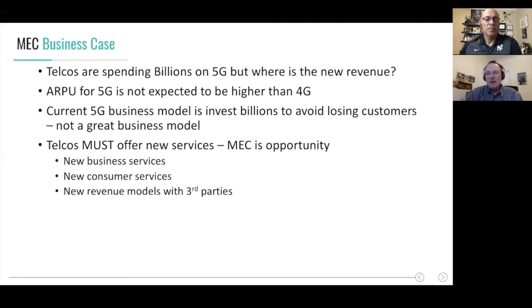There's a lot of areas for new services, and MEC, or mobile edge computing, is certainly one of them. And what I see there, probably number one on the list, is business services. So, working with enterprises, IoT and other sorts of things, providing these business services. The other thing is also new consumer services and revenue models with third parties that have been established.